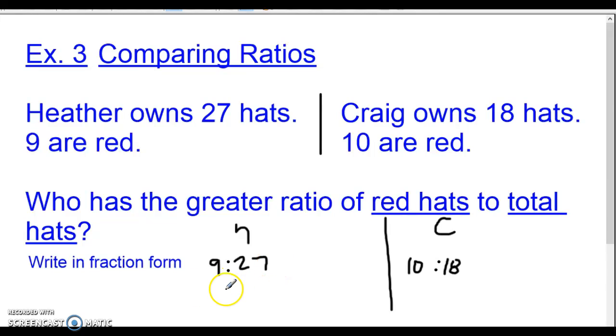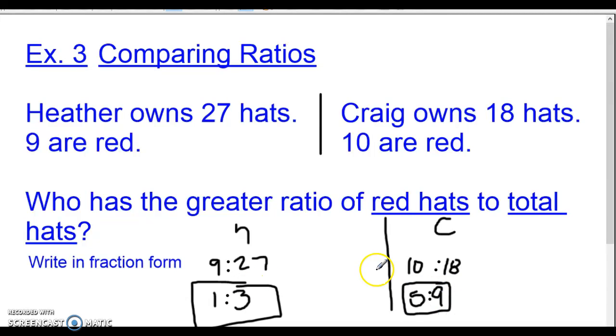If I divide these both by 9, I'd get 1 to 3. So this is my ratio in simplest form. And here I can divide them both by 2, so I'd get 5 to 9. Now, I cannot compare these yet because right now if I put them as fractions, it would be 1/3 and 5/9, and they don't have a common denominator.